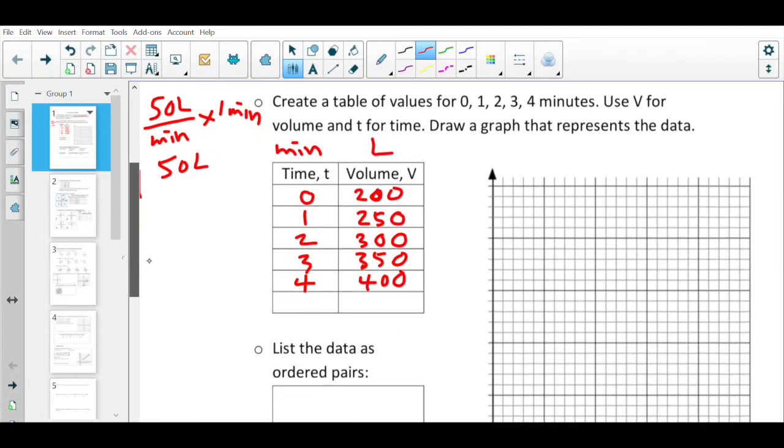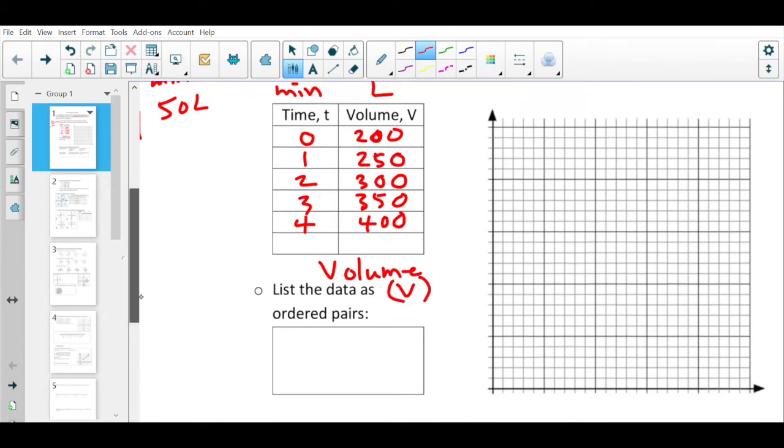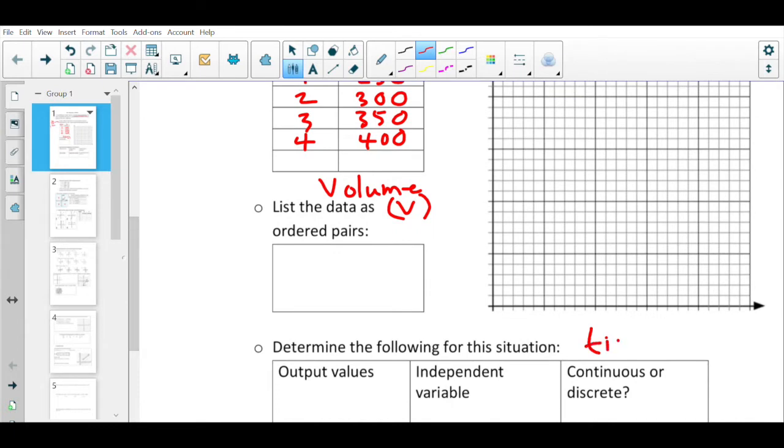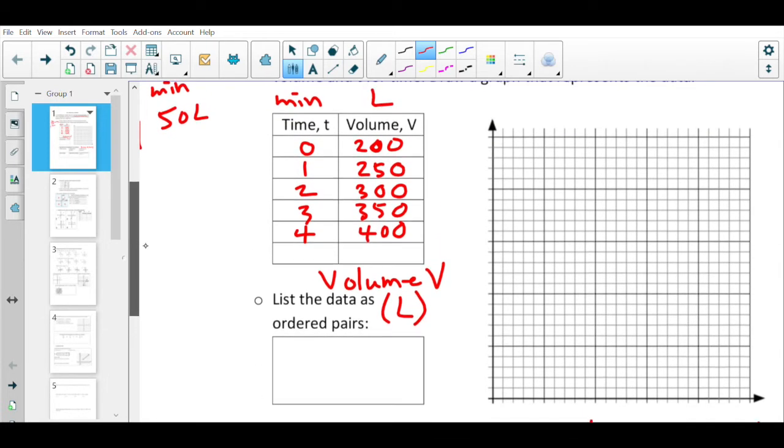Draw a graph that represents the data. So on the y-axis or the V-axis, we have volume V. And we have time T in minutes and volume V in units of liters. Okay.